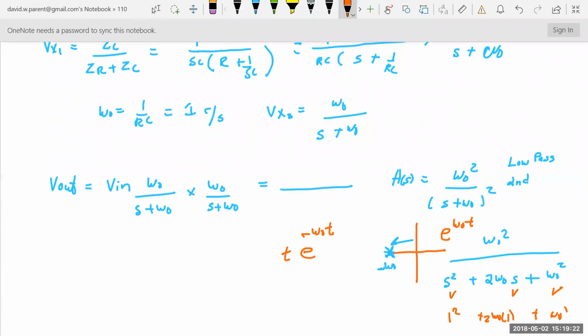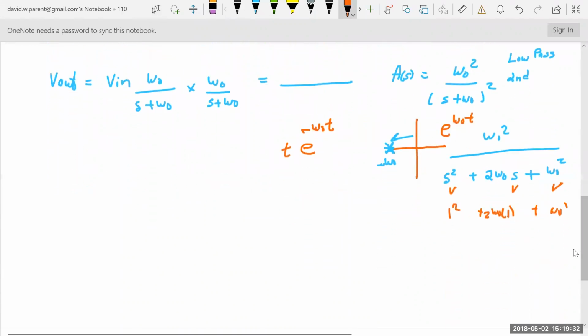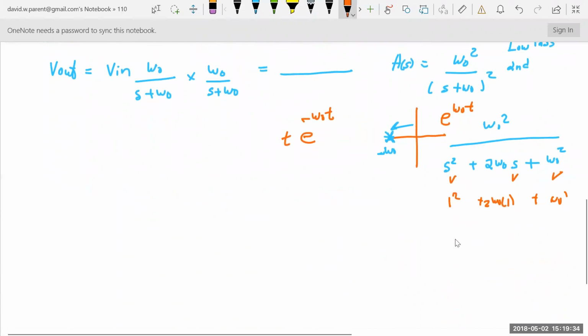Now, is it critical, over, or under? Critical. Now you might ask, what happened to the damping coefficient? Well, in this case, zeta equals 1, so it's in there. All right.